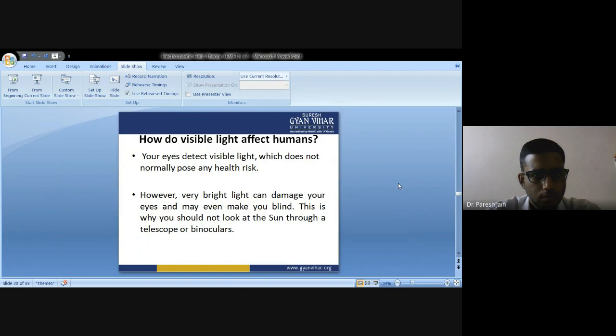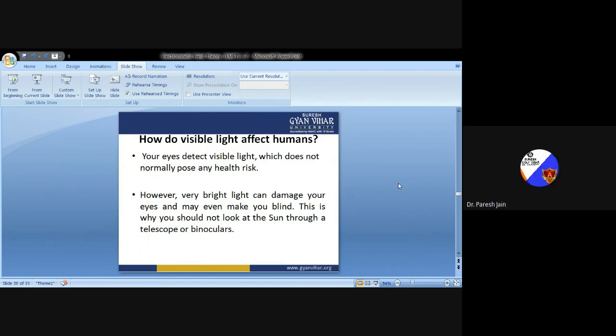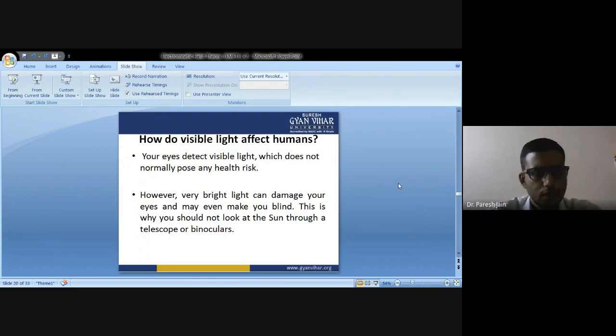However, a very bright light can damage your eyes and may even make you blind. This is why you should not look at the sun through a telescope or binoculars, because of the health risks to our eyes.